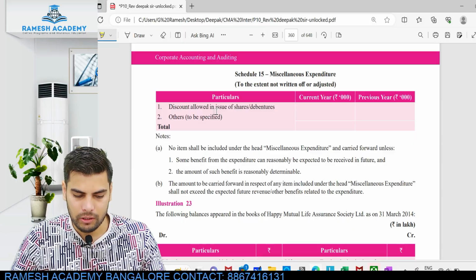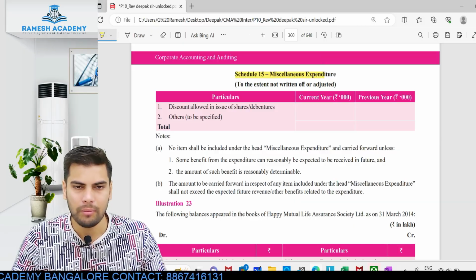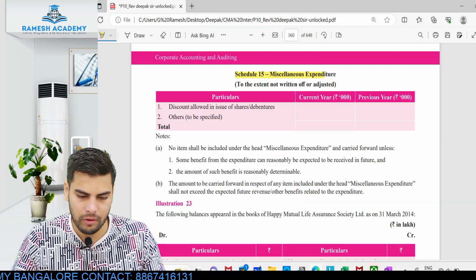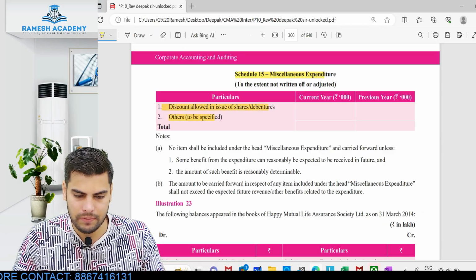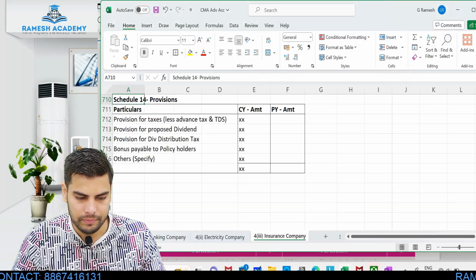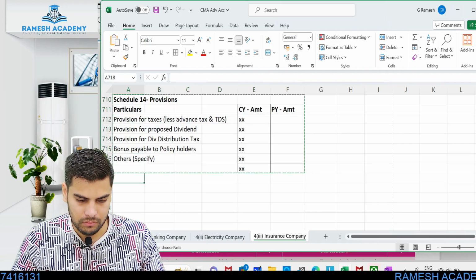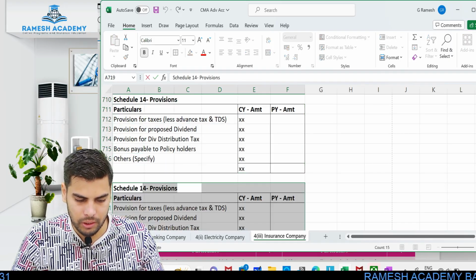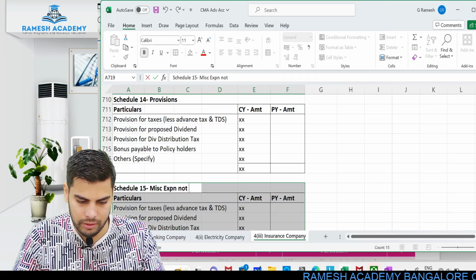Now let's have a look into the last schedule, that is miscellaneous expenditure. Okay, so the balance in the miscellaneous expenditure which has not been written off yet. Look at this, discount allowed on issue of shares or others, just specify the amount. The next schedule would be schedule 15, miscellaneous expenditure not written off.